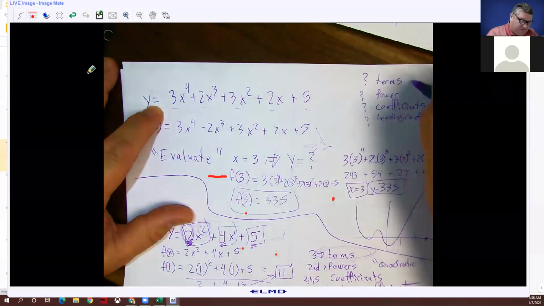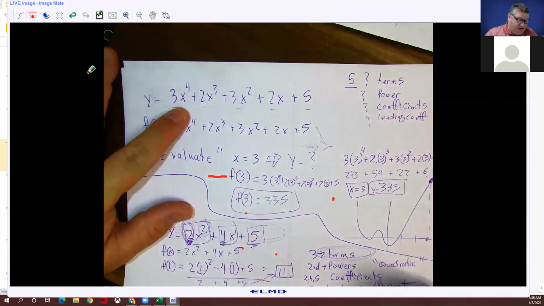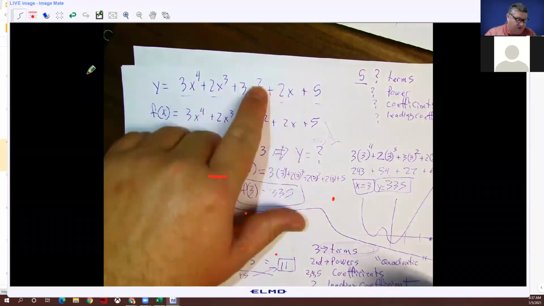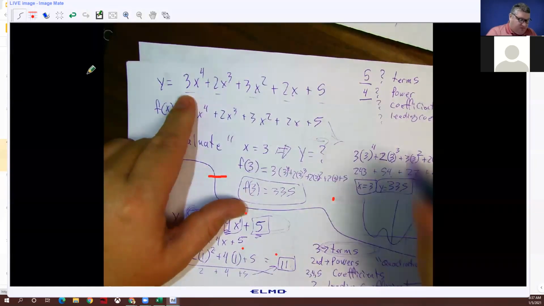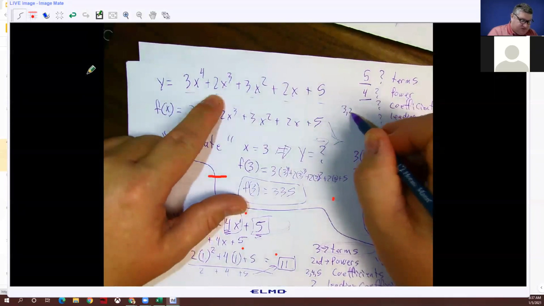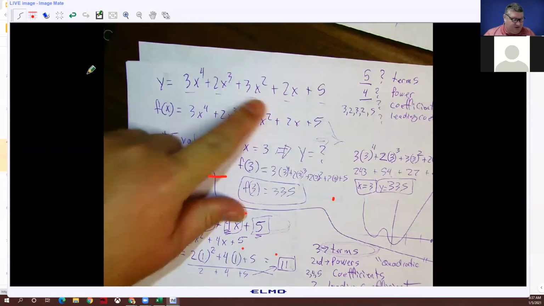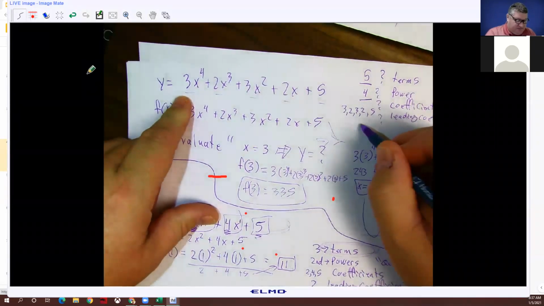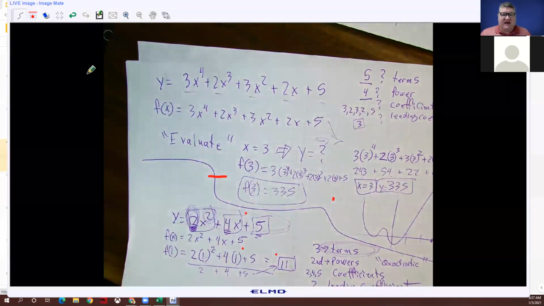5 terms. What's the highest power? Well, there's a 1, a 2, a 3, a 4. Highest power of 4. What are the coefficients? 3, 2, 3, 2, 5. The leading coefficient is 3 because it's attached to the x to the 4th. You wouldn't say 3x to the 4th.